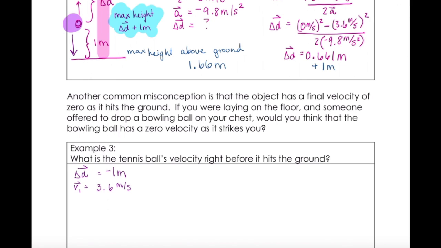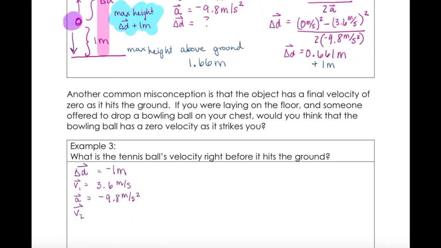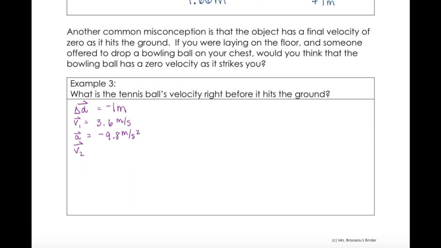Okay, our acceleration is going to be the same, of -9.8 meters per second squared. And we're wanting to know what is the ball's velocity right before it hits the ground. So we're wanting to know what is the final velocity. Okay, so here we have 4 variables.